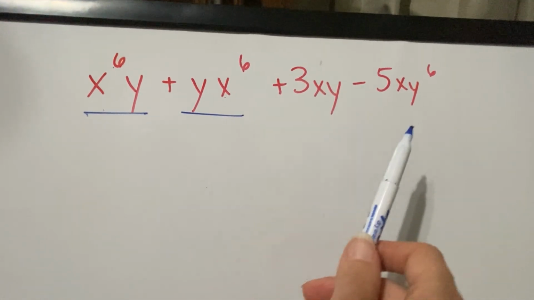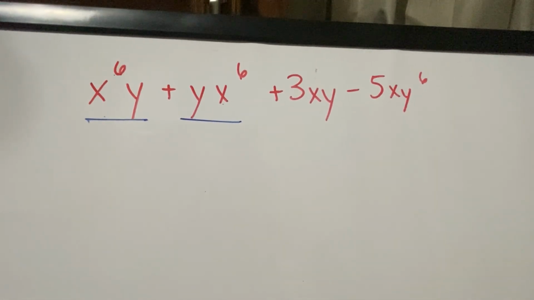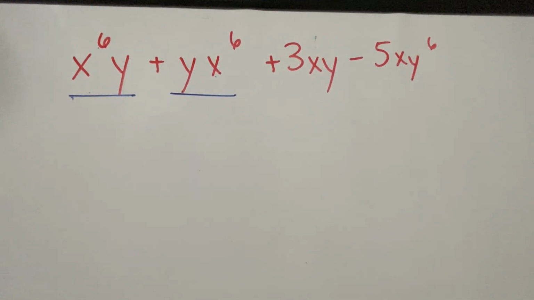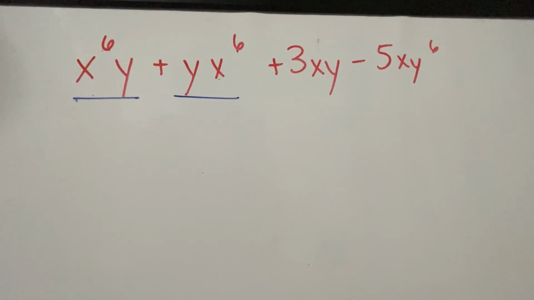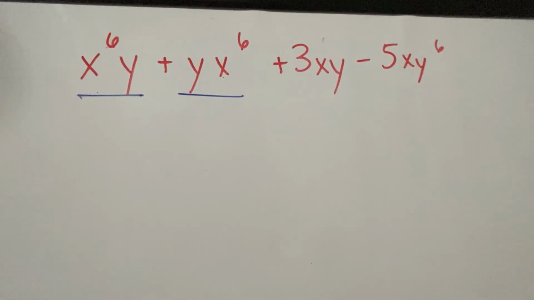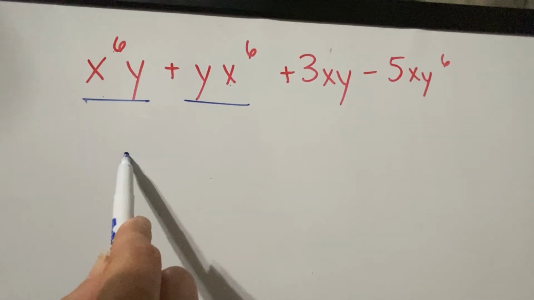This is xy, that's xy to the 6th. Those two cannot be the same. Okay, different amounts of exponents. Our variables are the same, exponents are different. You cannot add them together unless they're both the same. So we have one of these here and one of these here, so that's 2 total.